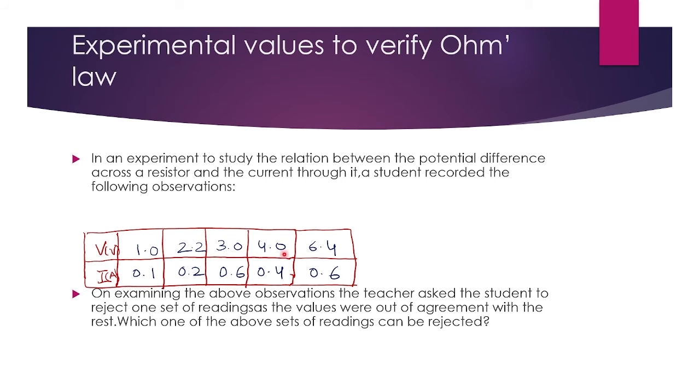Whichever value is giving a different V by I ratio, which is nothing but your resistance, that value is wrong and you have to reject it. Generally they ask you to find the mean resistance after that. So you calculate the rejected value first and then find the mean of all the rest of the values.